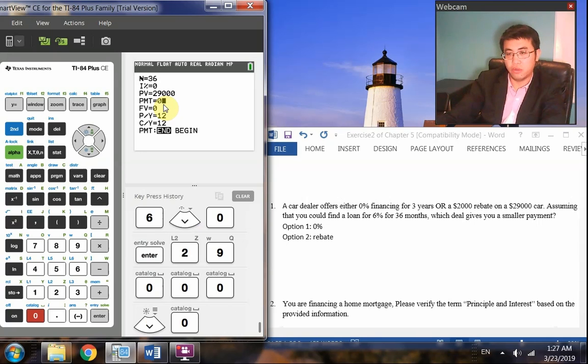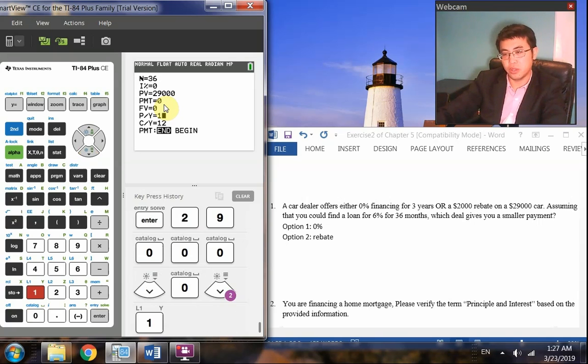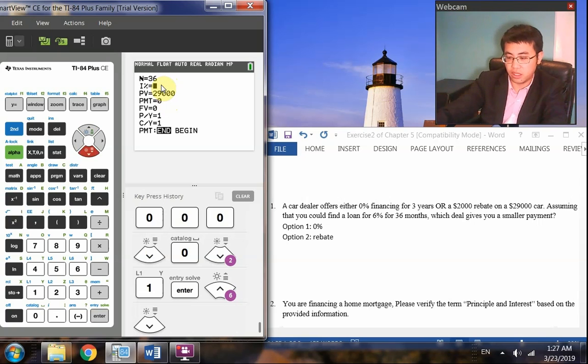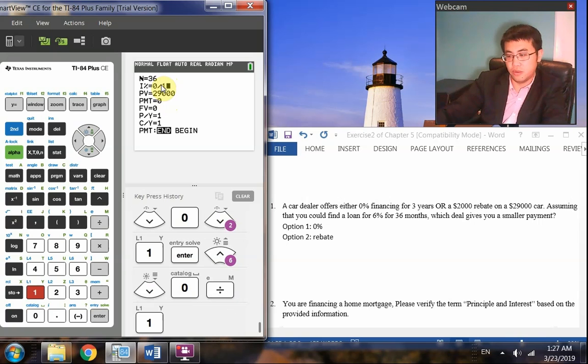Just put a 0 for future value, so there's no additional money in addition to monthly payments. And for PY and CY, make them equal to 1. If it's 12, it does not matter because it's 0 up here. Or you can just make it 0 divided by 12, which is also 0.